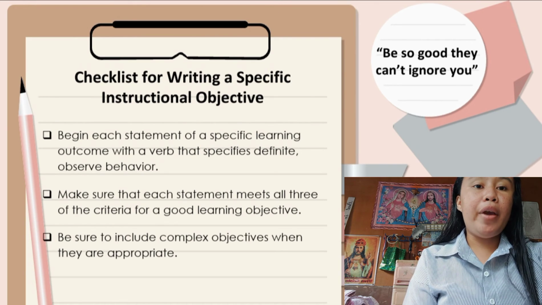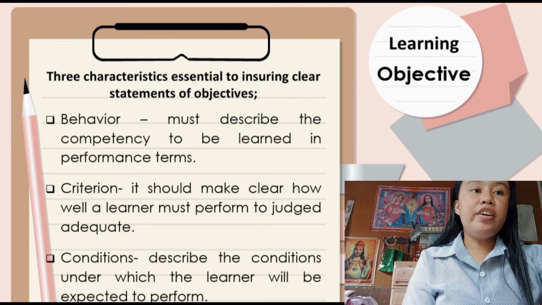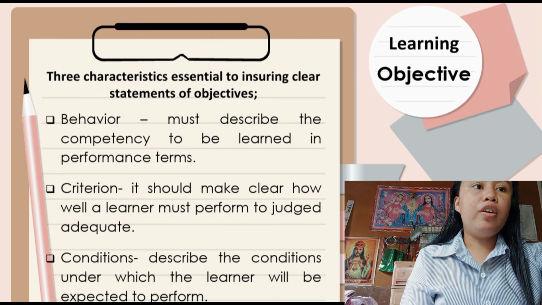Second, make sure that each statement meets all three of the criteria for a good learning objective. And lastly, be sure to include complex objectives, for example problem solving, when they are appropriate. There are three characteristics essential to ensuring clear statements of objectives, which are the behavior, criterion, and condition.